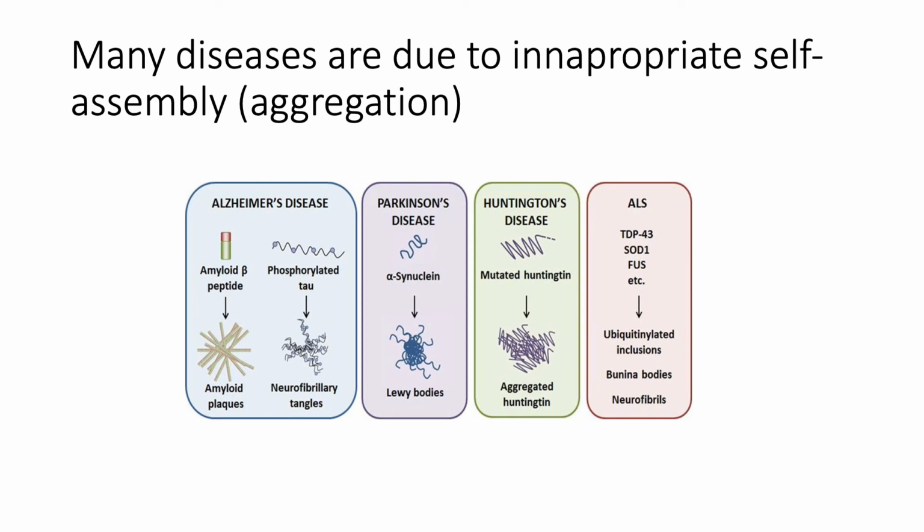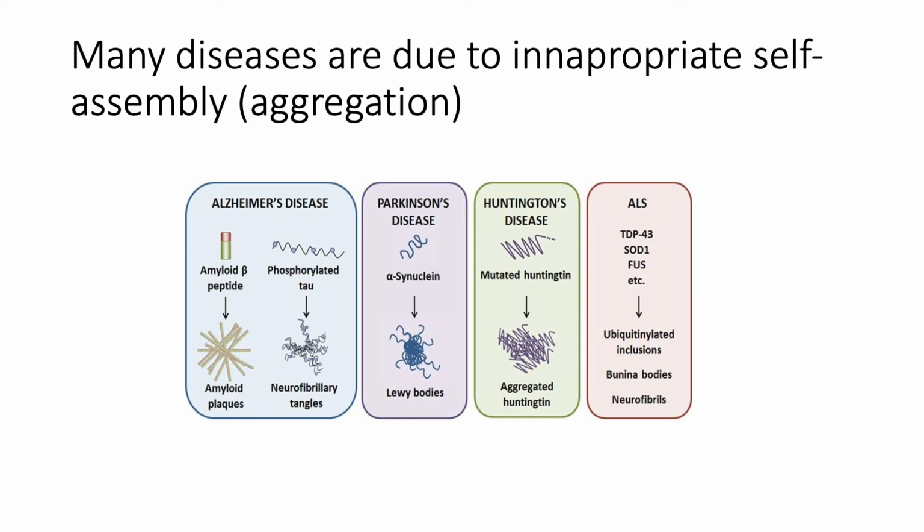So I can give you a whole table with dozens of different diseases which are due to inappropriate complexing or inappropriate quaternary structures, but here's just a few. Alzheimer's disease, Parkinson's disease, Huntington's disease, and ALS.